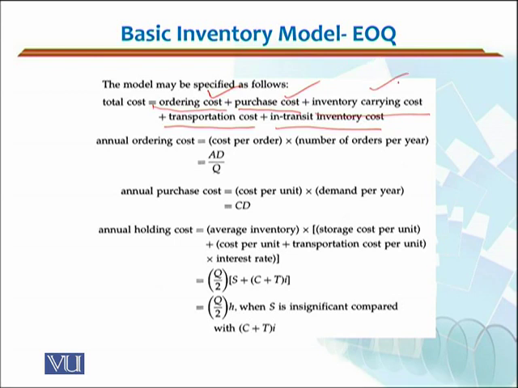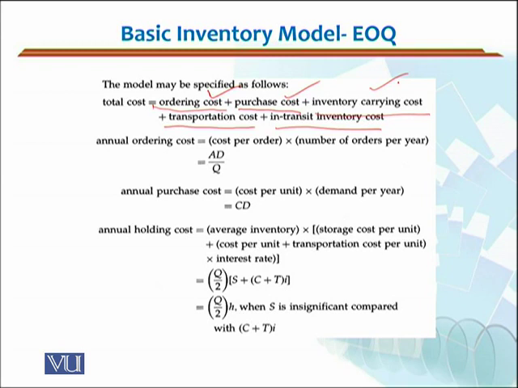These three costs. But even at the basic level, we can add the transportation cost and in-transit inventory cost in it. It will not affect the basic assumptions of EOQ. That is why I have added it into the basic model as well.